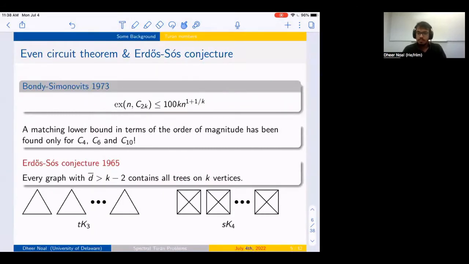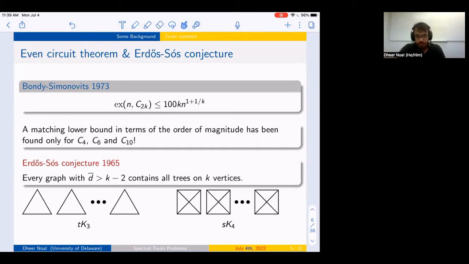Right. And for trees, the Erdős–Sós conjecture says that if your average degree is more than k minus 2, then you're going to contain all trees on k vertices. So for the path, this is known to be true, but for other trees, we still don't know.